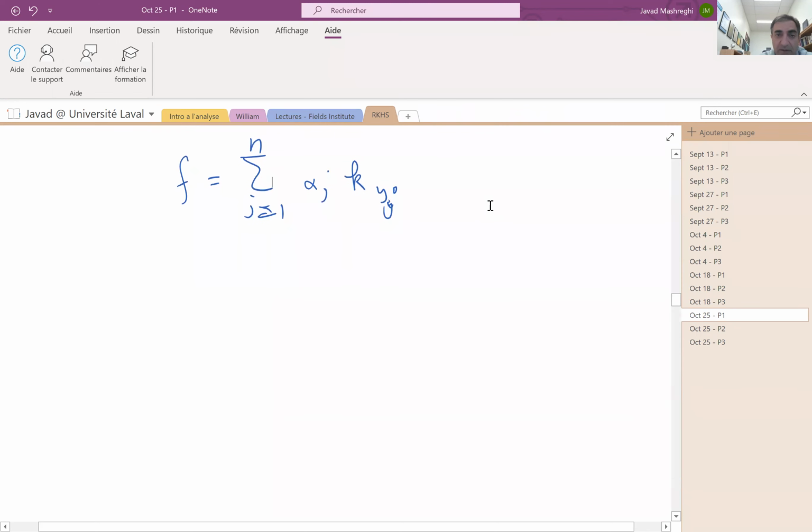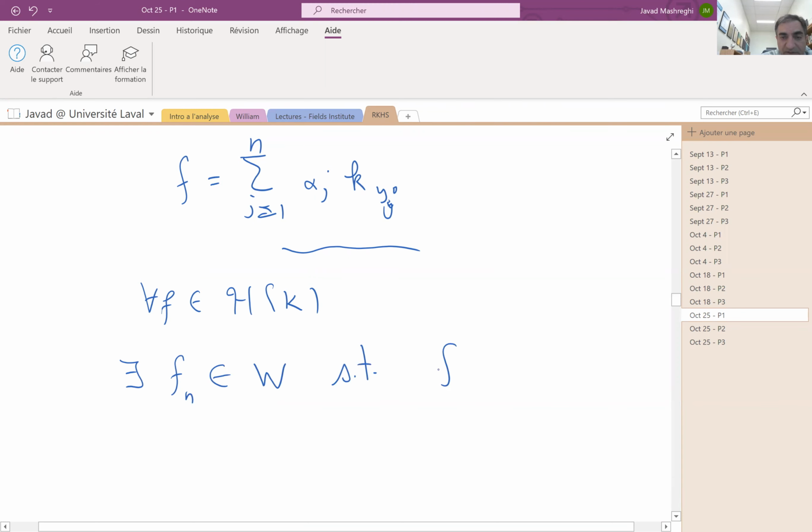In other words, you can take an arbitrary f in H of k, not necessarily of this form, but there is a sequence, I call it Fn, in W, such that Fn goes to F in H of k. W is the collection of all functions of this form.